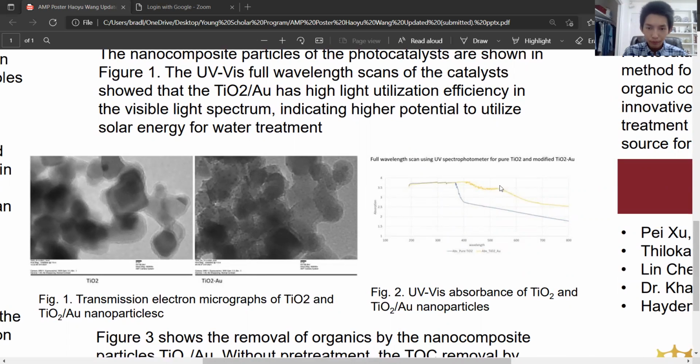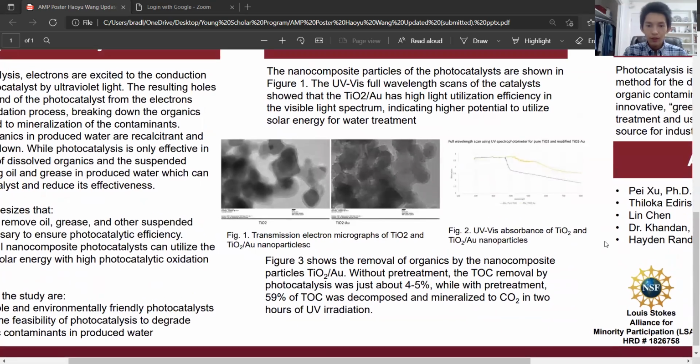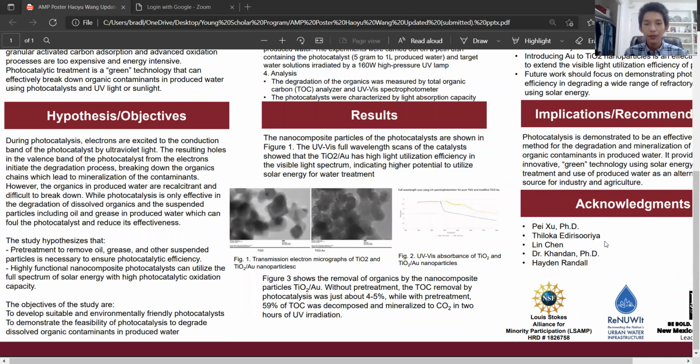As you can see, the line here at the top was the gold-coated titanium dioxide nanoparticle, and it has a higher light utilization efficiency in the visible light spectrum, indicating a higher potential to utilize solar energy for water treatment as compared to the pure titanium dioxide photocatalyst, which is on this blue line here. And so figure 3 shows the removal of organics by the nanocomposite particles of titanium dioxide gold without pretreatment.